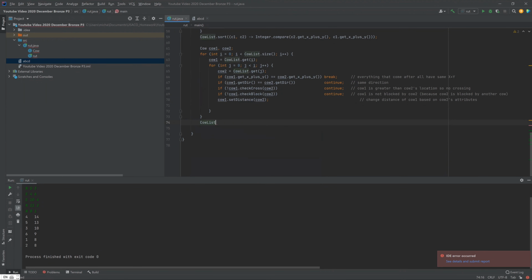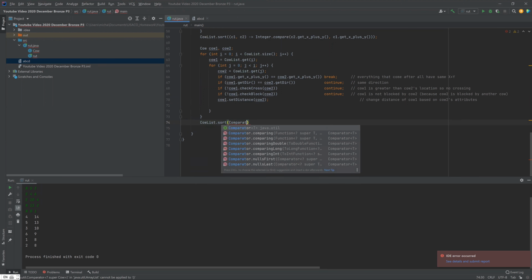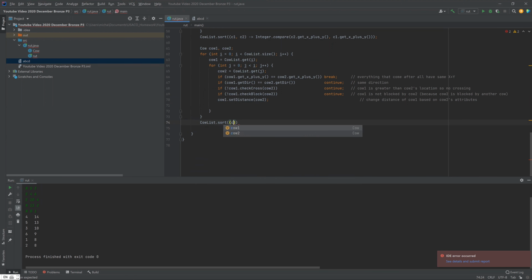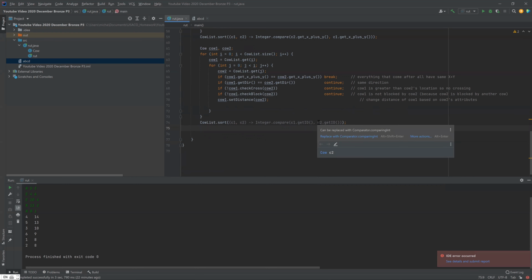Collections dot sort C1, C2, Integer dot compare C1 dot get ID, C2 dot get ID. Wait, what? Can be replaced more concisely. I actually have never seen the syntax before, but all right.